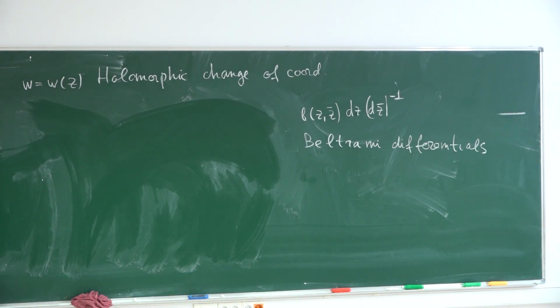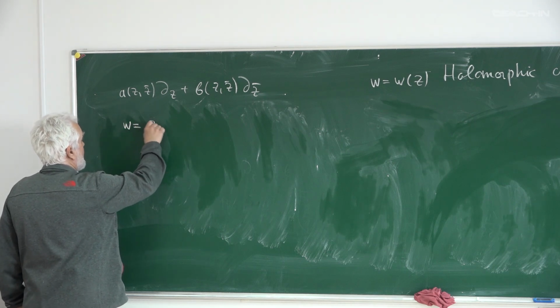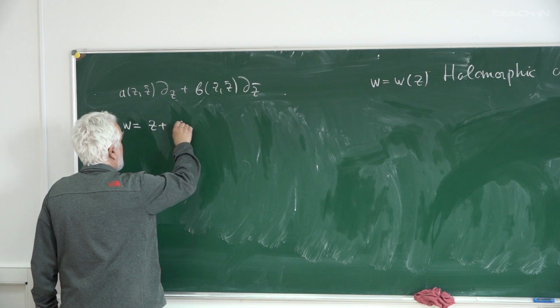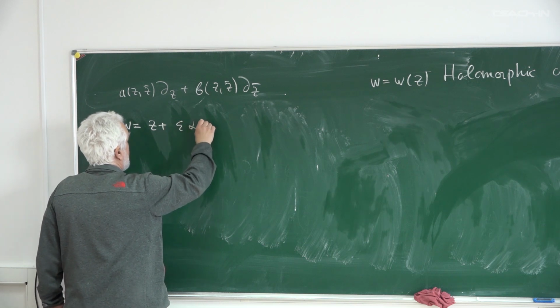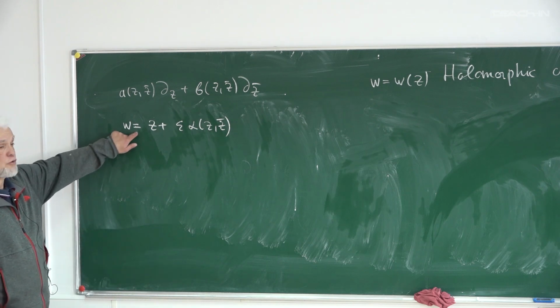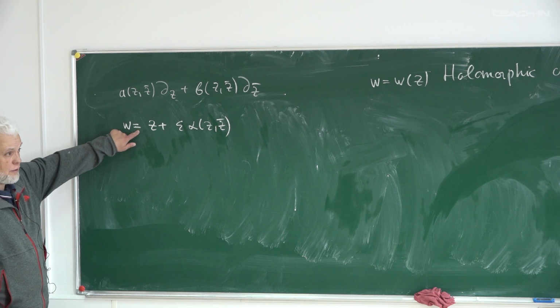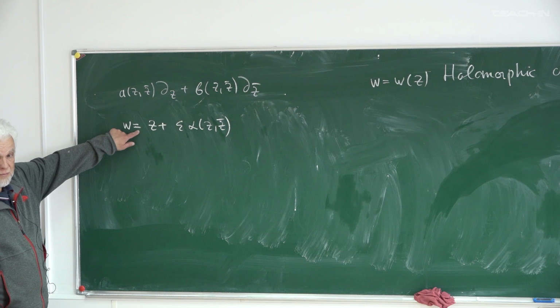Assume we have an infinitesimal change of coordinates. Since we have such an infinitesimal change of coordinates, let us check the corresponding change of the complex structure.